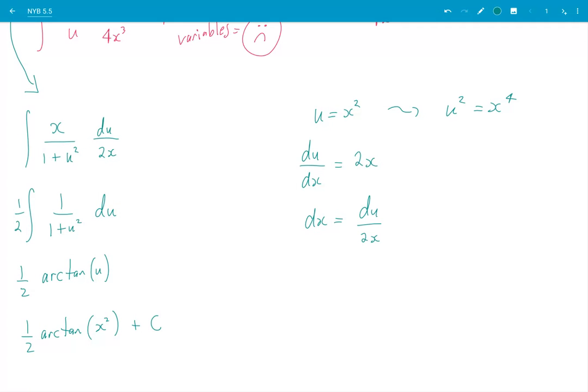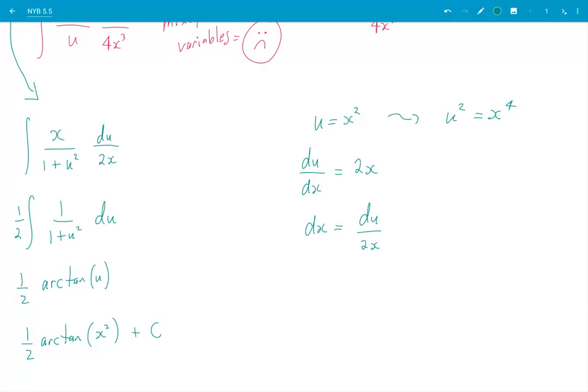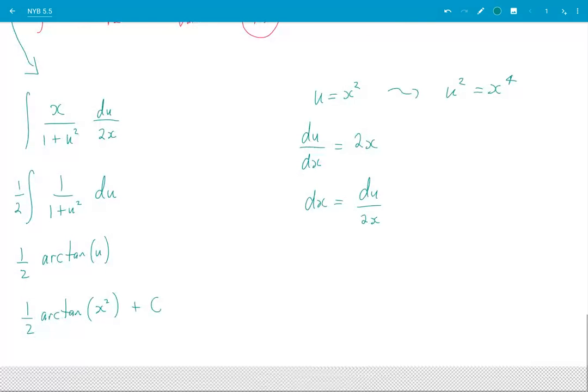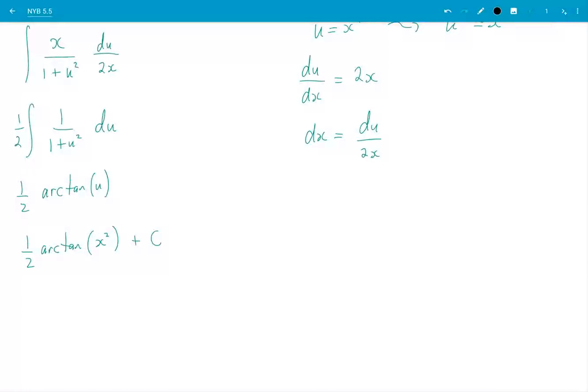Okay, so that was not easy. This doesn't happen very often, but sometimes you have to make a clever choice for your u. Okay, a couple exercises here. Let's see.